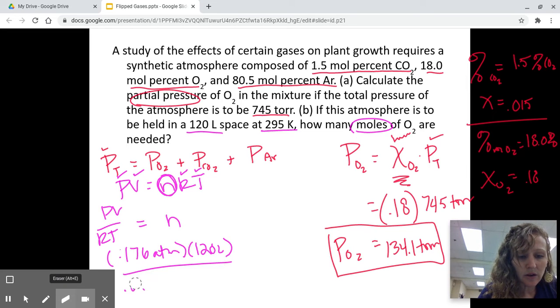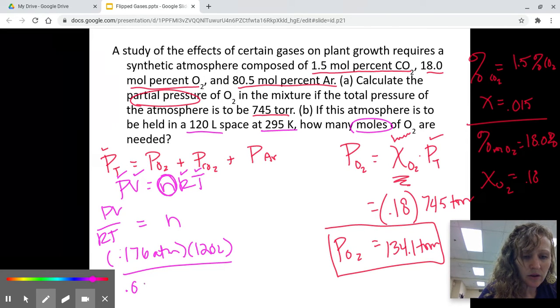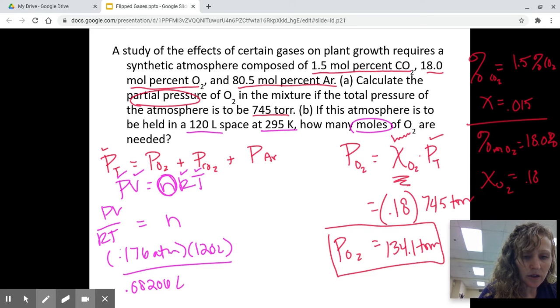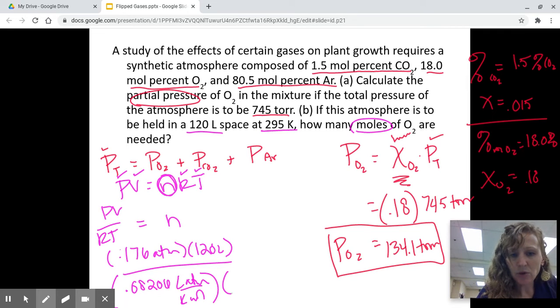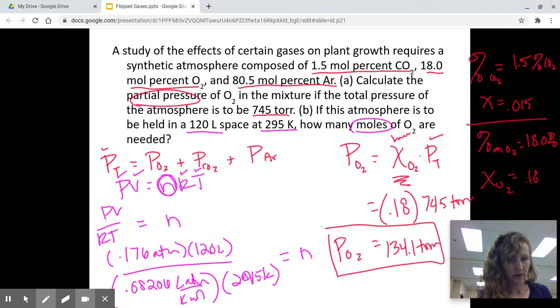Okay. Liter atmosphere per Kelvin mole. And temperature, 295, and that is in Kelvin. Okay, let's solve this. 0.872. Okay, it should be in moles.